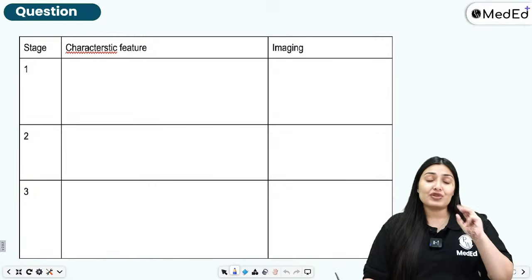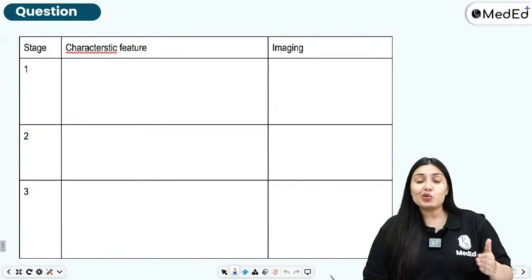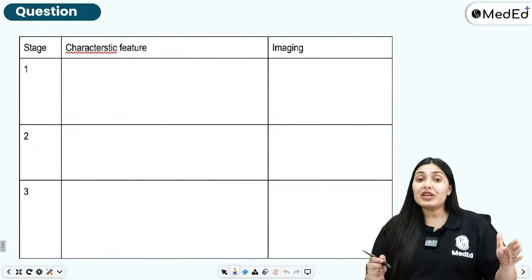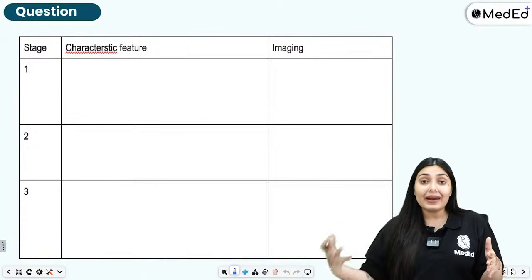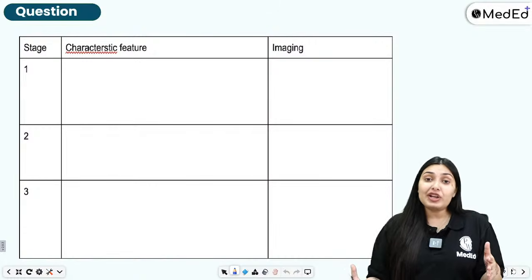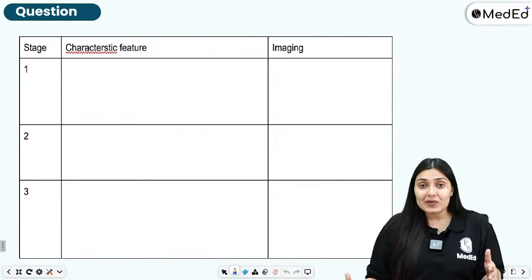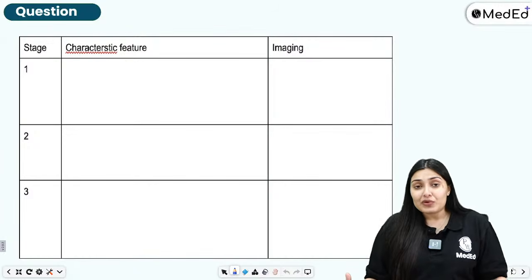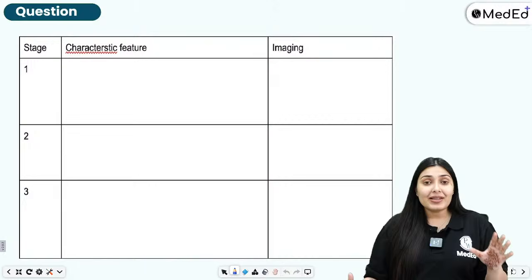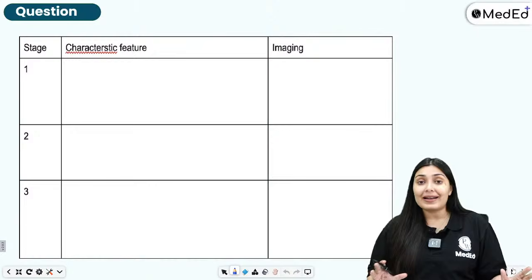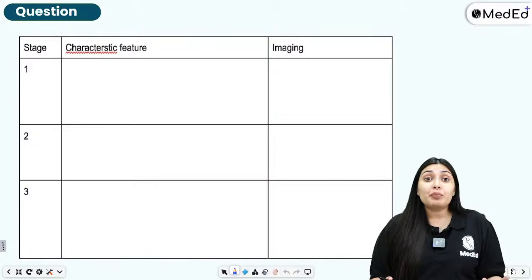We have 3 stages. Stage 1, stage 2, stage 3. As we go from stage 1 to stage 3, obviously the grade or the severity of the disease is going to increase. In stage 1, what happens? In stage 1, there is just inflammation of the gut. So this child will present to you with feed intolerance.